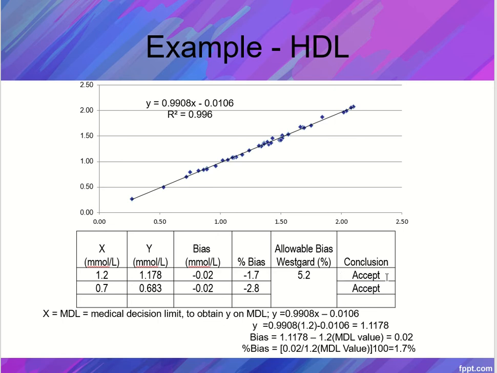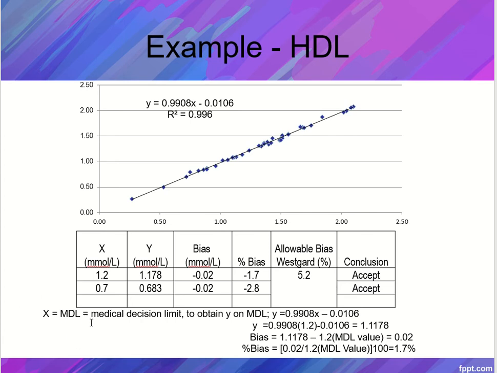So meaning that the new method is accepted and has the same accuracy as the available method. Okay, you can use this yourself to study how to calculate the bias, and how to calculate the bias percentage.